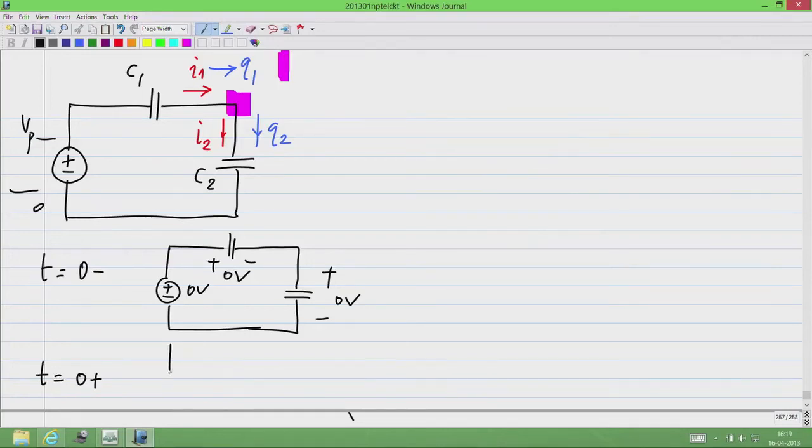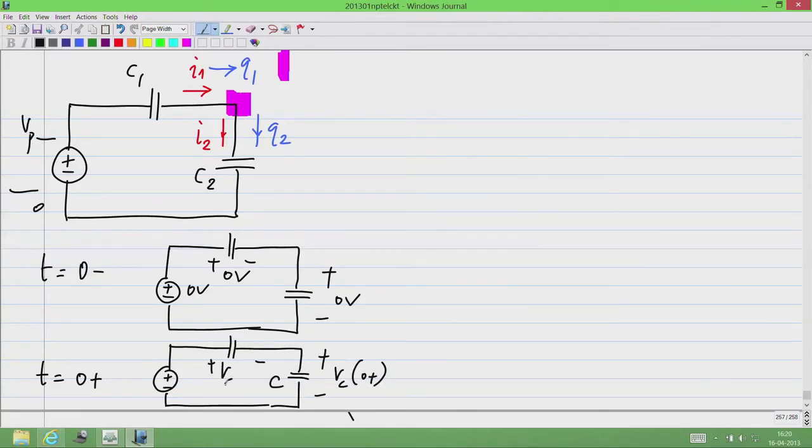And I also will write the circuit for t equal to 0 plus, that is just after the step is applied. So, there will be some voltage across C, some other voltage across C1, Vc1 of 0 plus, and this value will be equal to Vp.